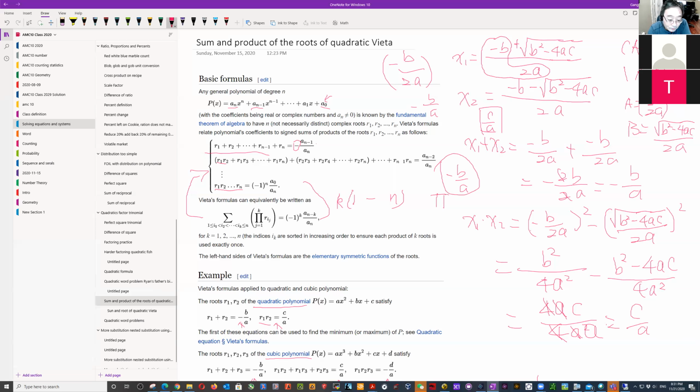Then the Vieta states that the sign for the next one is negative 1 to the power k. So basically the sign of the summation at different levels is just going to flip-flop.